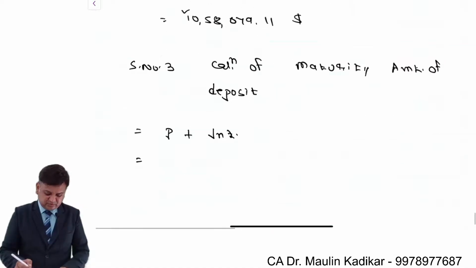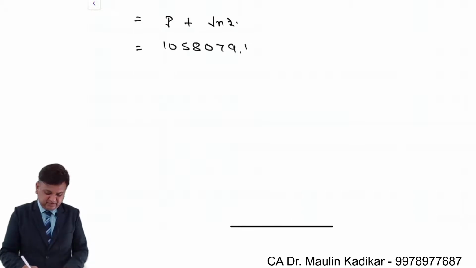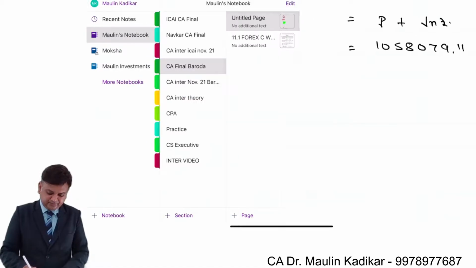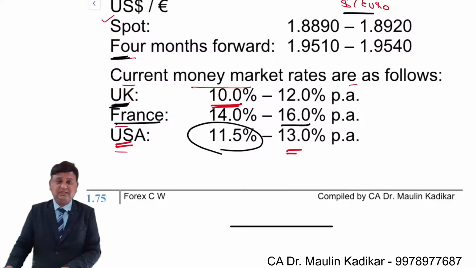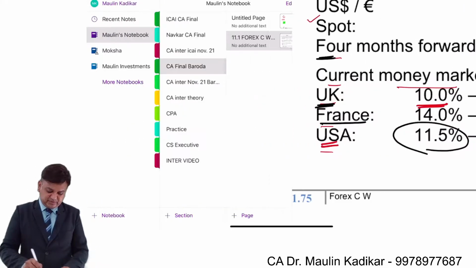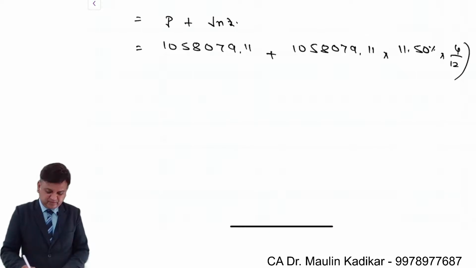This is the principal amount, 1058,079.11, plus 1058,079.11 into the interest rate of 11.5%. That is the rate at which we are going to make investment. And the time period is 4 months.